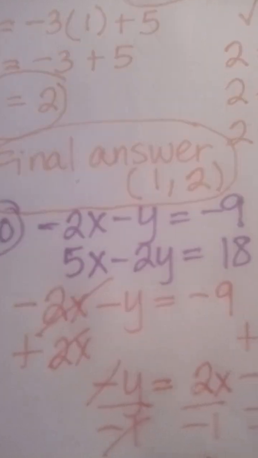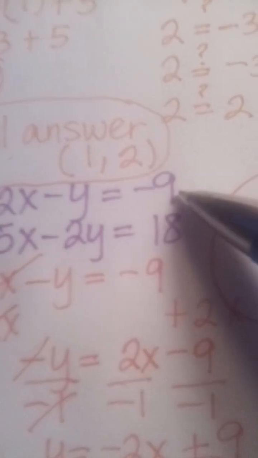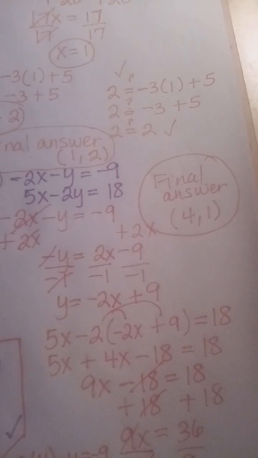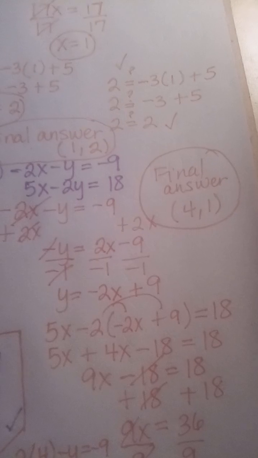You see that right here on the screen? Negative 9. Does this answer match with the first one? Yes. So that is our final answer for number 20. X equals 4 and y equals 1.